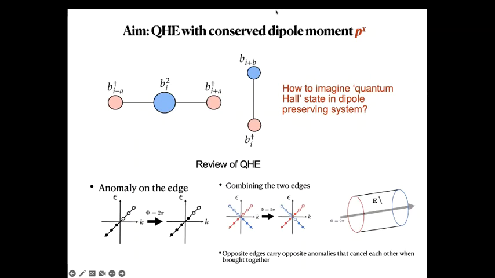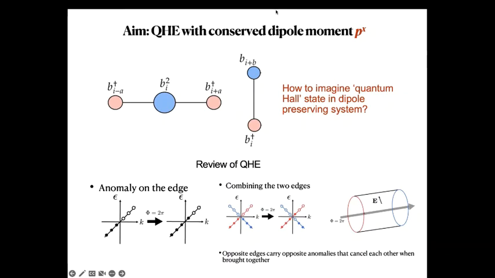If we put it on an open cylinder and insert a 2-pi flux, the left chiral boson would acquire one charge, and the right chiral boson propagating in the opposite direction would lose one charge. Literally, once we insert the flux, we will have a charge pumping from the left to the right boundary. On each boundary alone, it would exhibit some type of current anomaly. However, if we combine the two boundaries and the bulk system as a whole, it should be anomaly free.